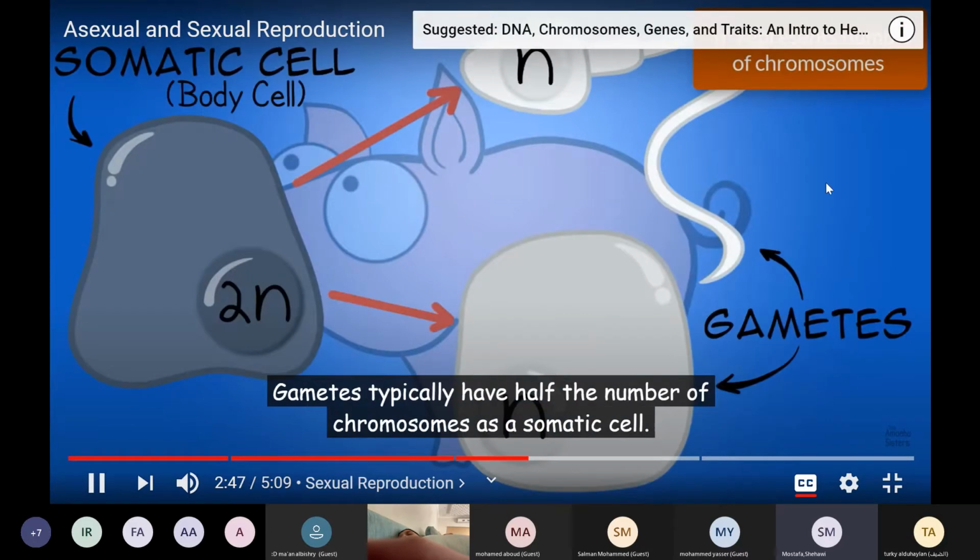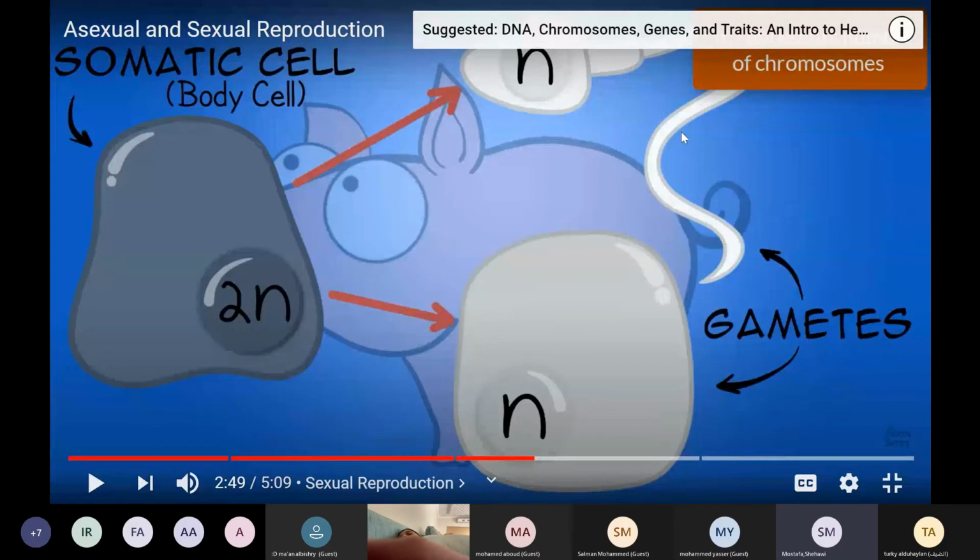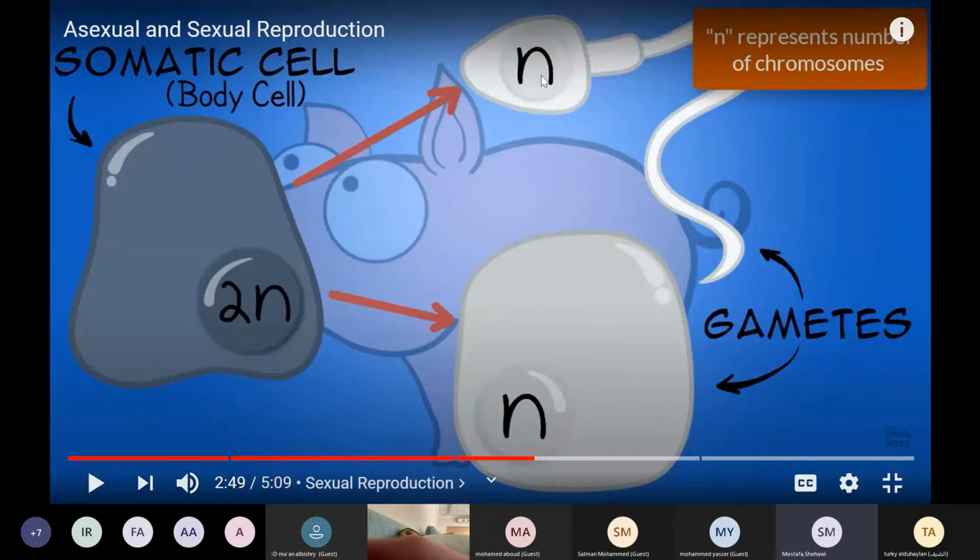Gametes typically have half the number of chromosomes as a somatic cell. And this is important. The sperm has N and the egg has N number of chromosomes. The fertilized egg or zygote will have 2N. So the somatic cell in our body, for example, will have double the chromosomes of a sperm or an egg.